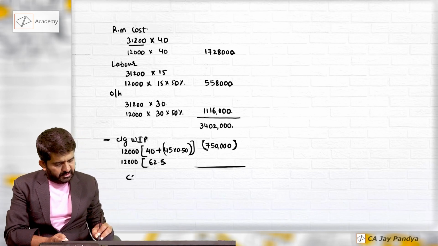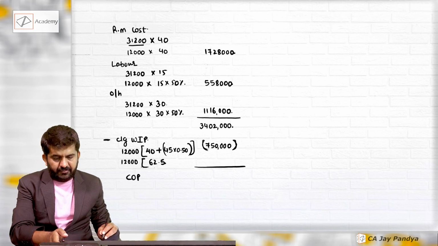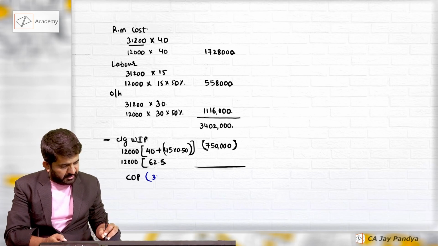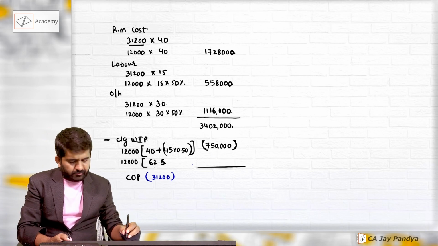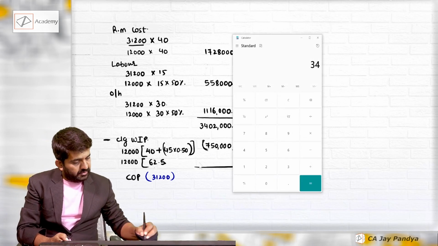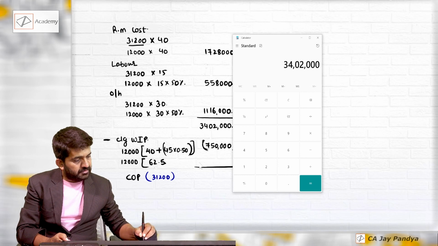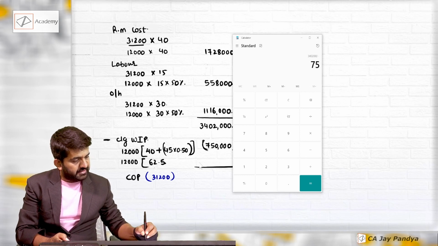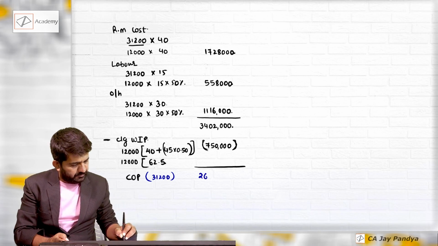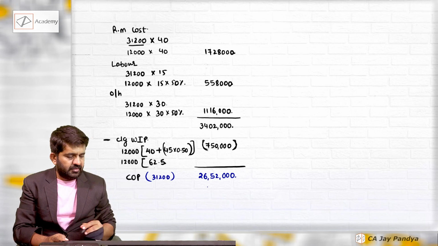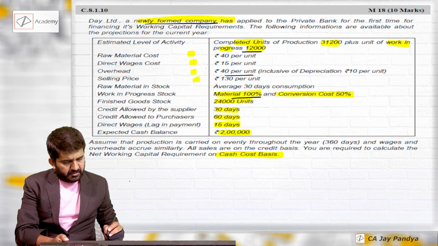What is this? This is the cost of production of how many units? 31,200 units, which will be 34 lakh 2,000 minus 7 lakh 50,000, 26 lakh 52,000. I've got my cost of production.